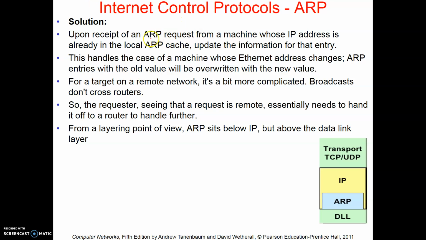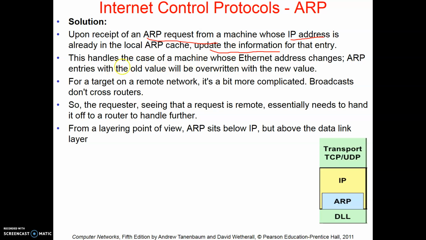Upon receipt of each ARP request from a machine, if the IP address is already available in the local ARP cache, the host will check the cache and update the information for that entry.